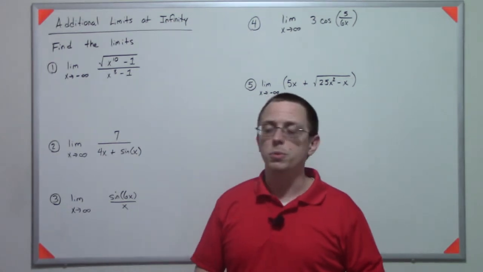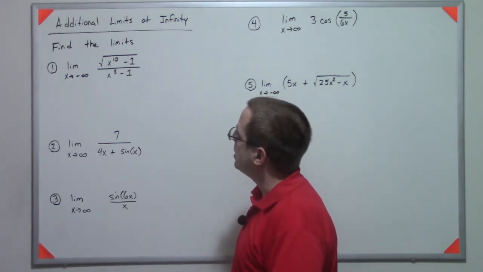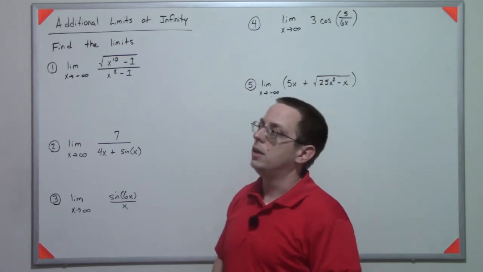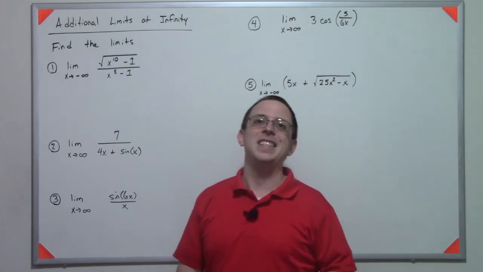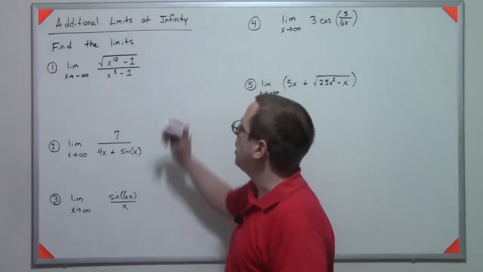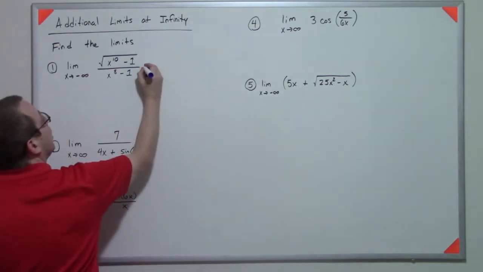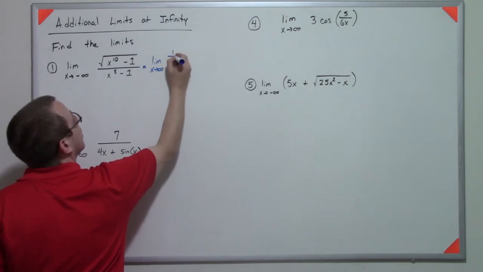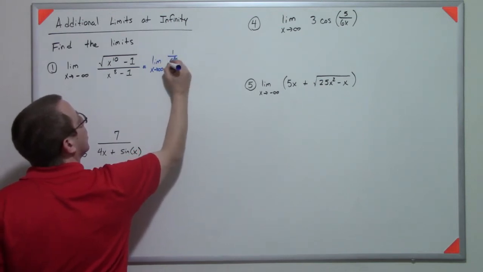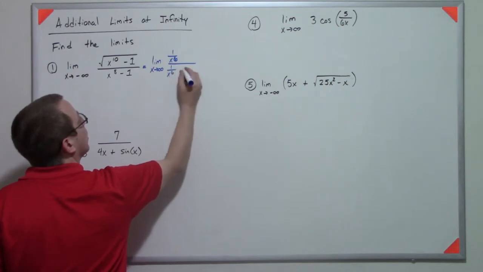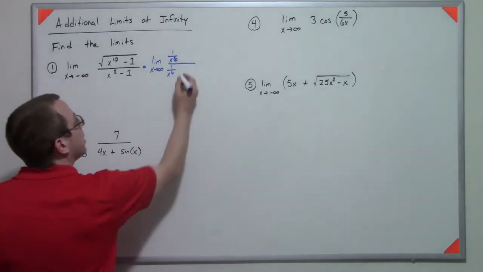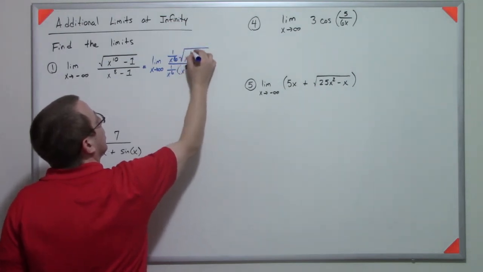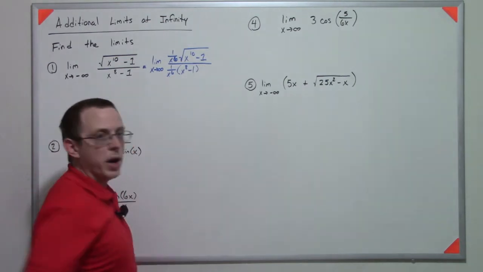What I'm going to do is factor out, let's just say, an x to the 6th. Let's pull out an x to the 6th. I'm going to multiply top and bottom by 1 over x to the 6th.